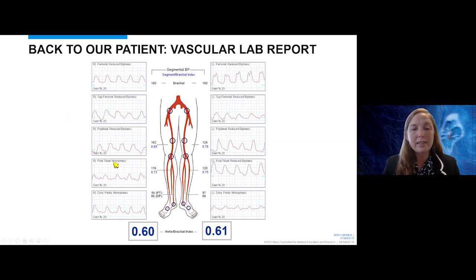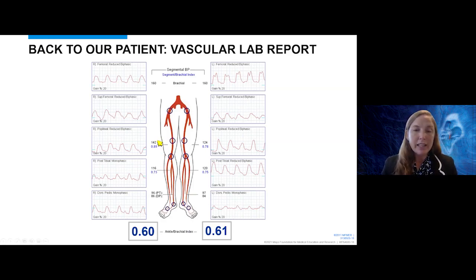And you can see that as she's getting down to the dorsalis pedis, I think it's easier to see on that left side, it's becoming more sinusoidal. We're not having as much of a difference in height of that waveform. And we can see that not only are her PVR waveforms abnormal, but she has an abnormal ABI on both sides of 0.60 and 0.61.